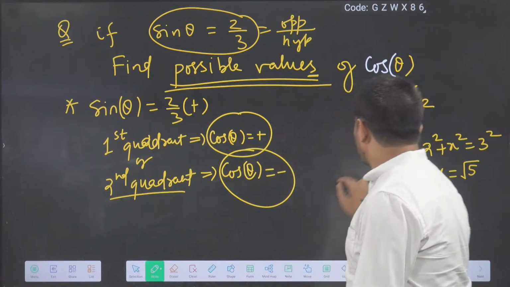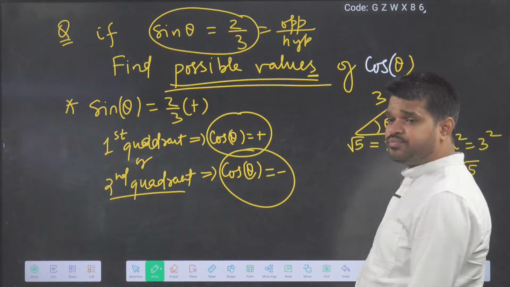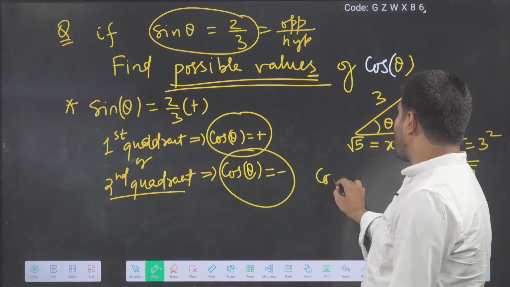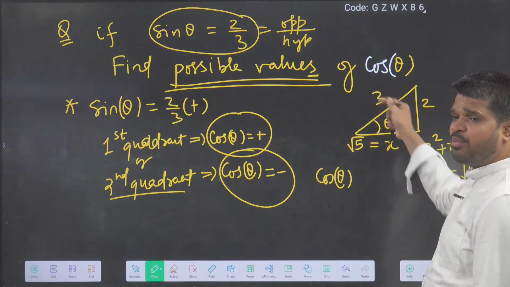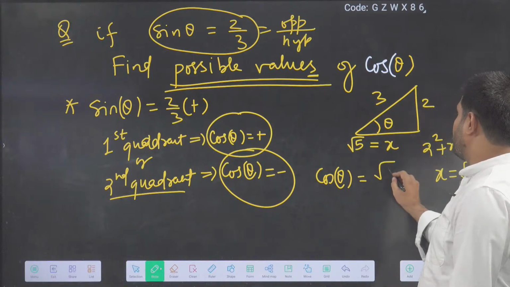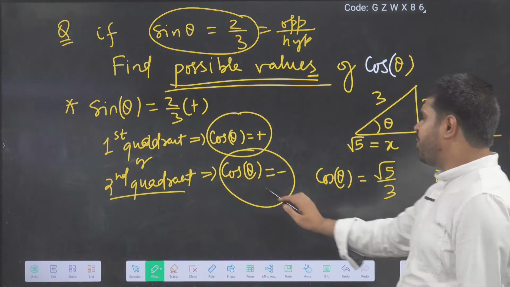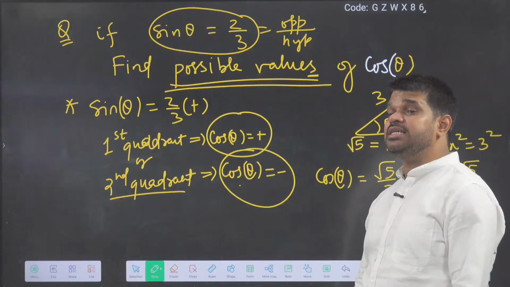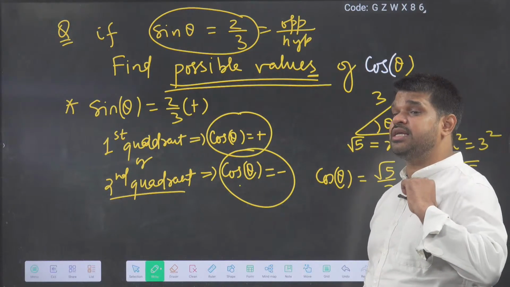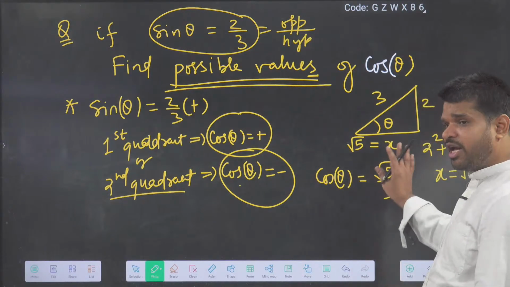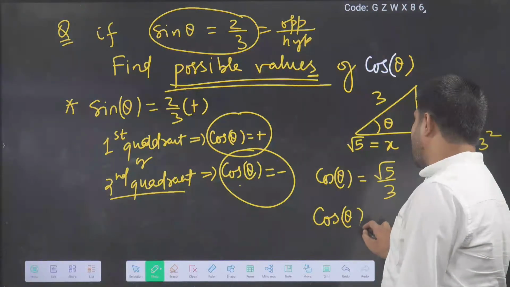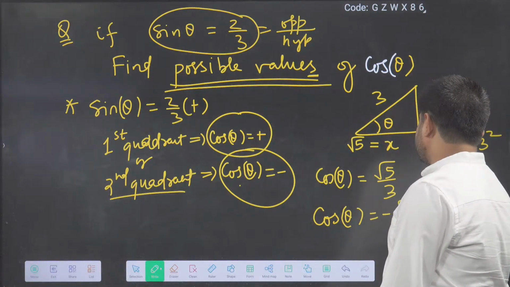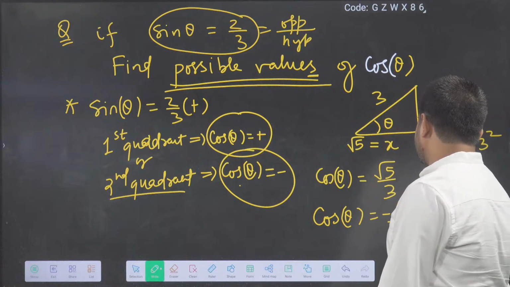Cos theta is adjacent by hypotenuse, root 5 by 3. But if the angle is in the second quadrant, it will come out to be the same value but negative. So cos theta is equal to minus root 5 by 3.